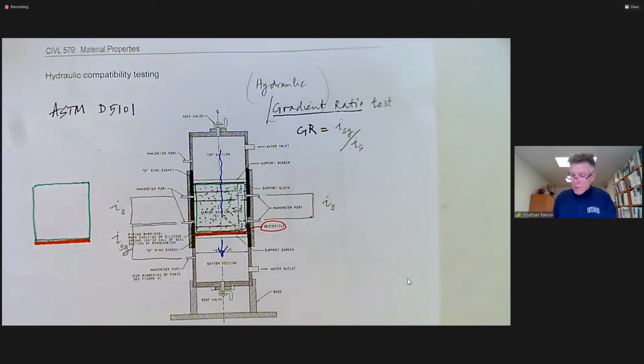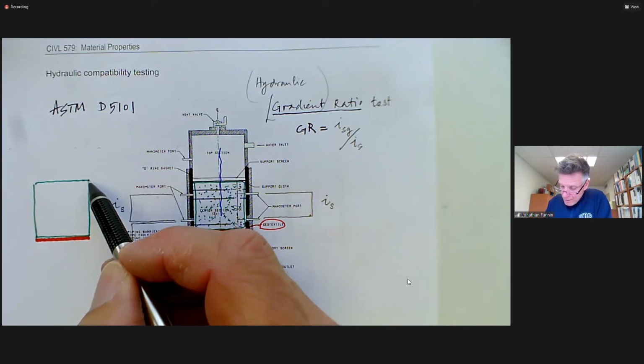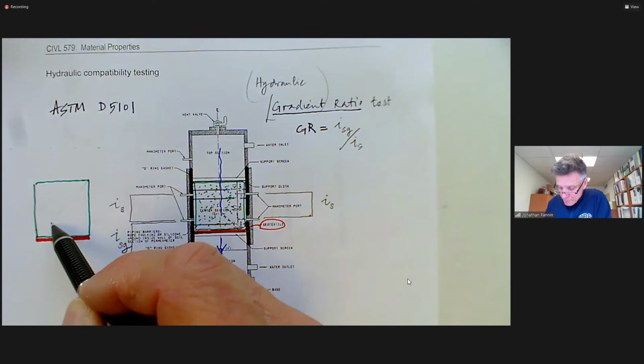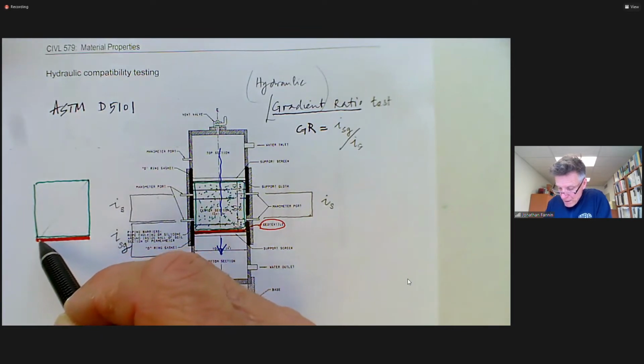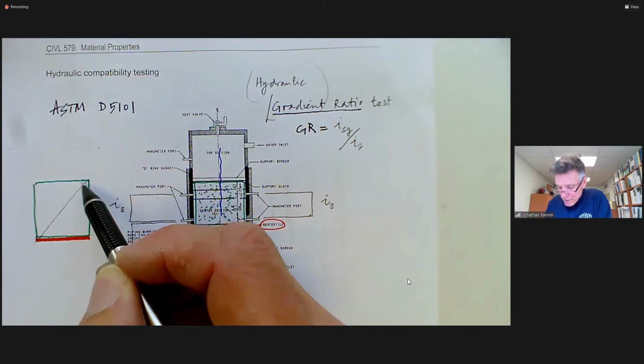In the perfect world, we would have a uniform head loss across the soil, and that head loss would be unchanged by the presence of the geotextile.